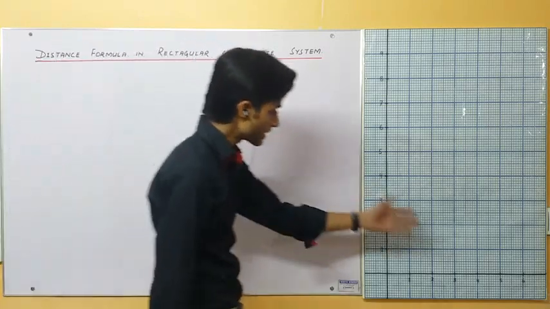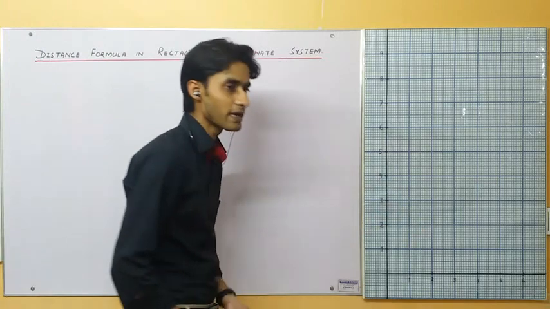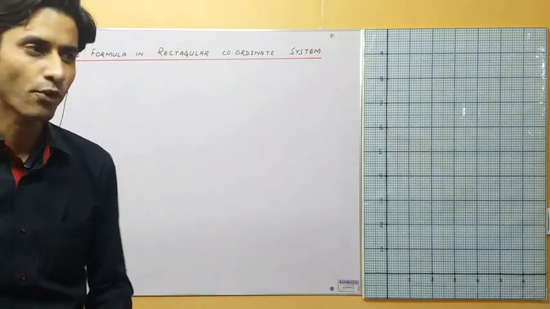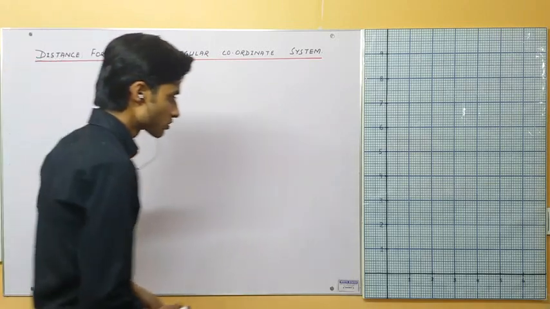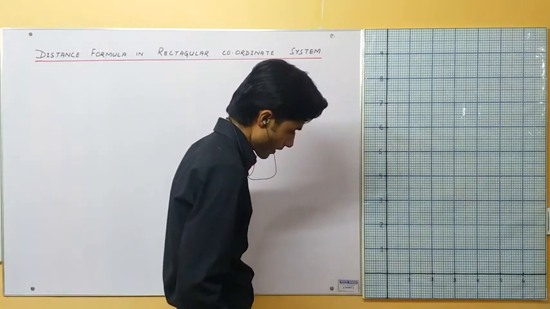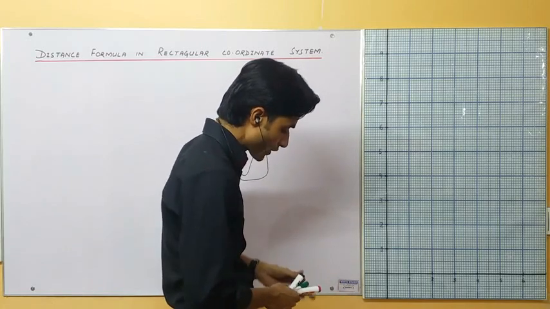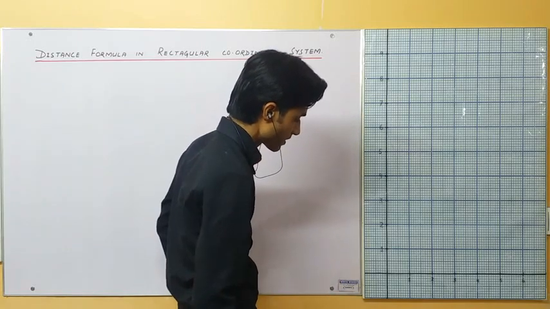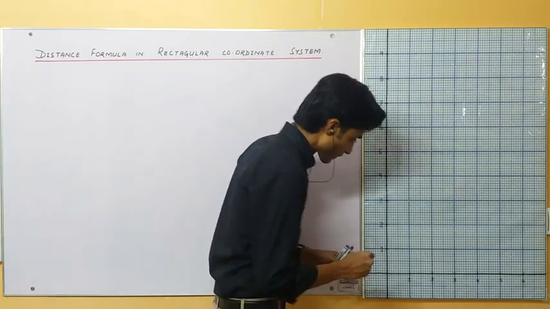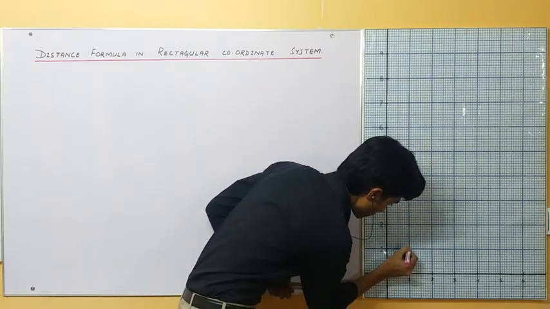First of all, this is a rectangular plane. On this plane, you can trace any point, coordinates of any points. You are familiar with those things. For instance, I am highlighting 2 points here, and I would want you to find out the distance between them. The first point is here.